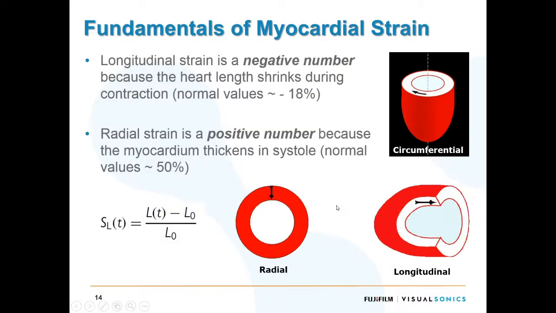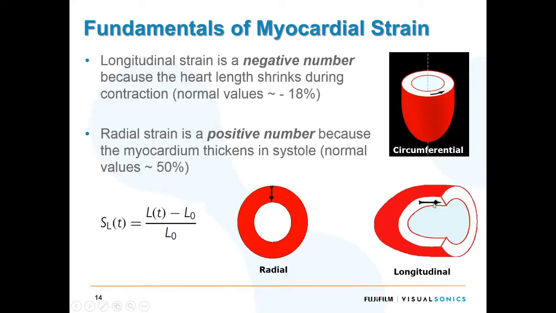So as I mentioned, you have negative and positive strain based on the length at a given time. When we look at longitudinal, if you're doing parasternal long axis and you do strain on that image, you will have a negative number because during contraction, the entire length of the heart is shrinking. So that means your length at a given time is smaller than your original length.